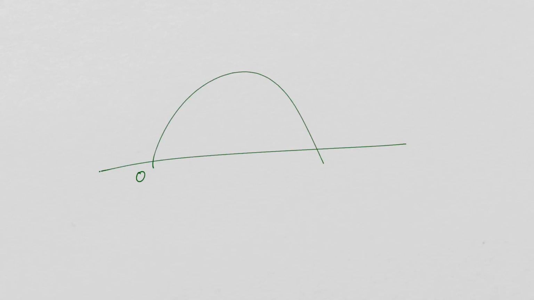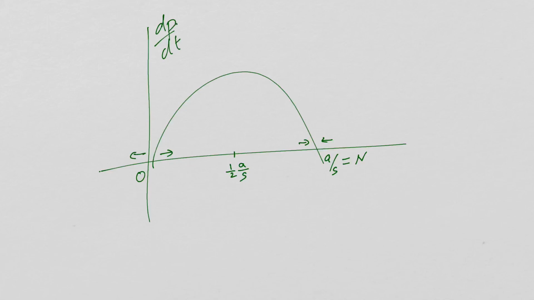So I could repeat everything I did earlier and do this. This is 0, and this is A over S, which used to be called N, and this is halfway through, and you can play the same game. Okay, so this is dP/dt, and this is P or P of t.